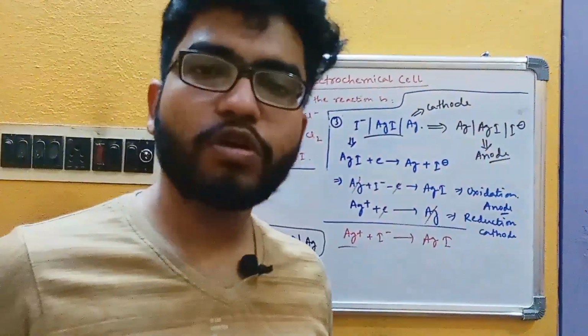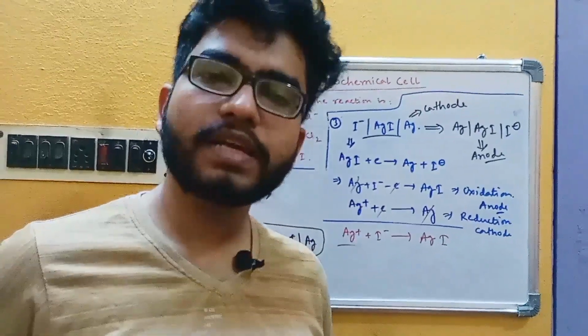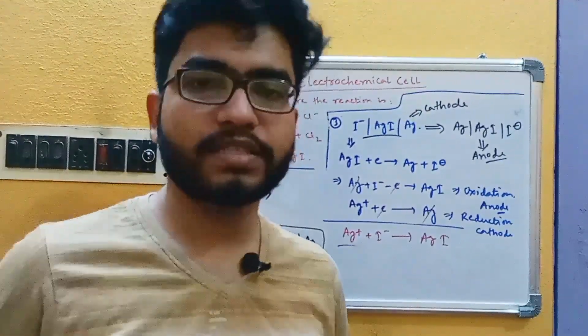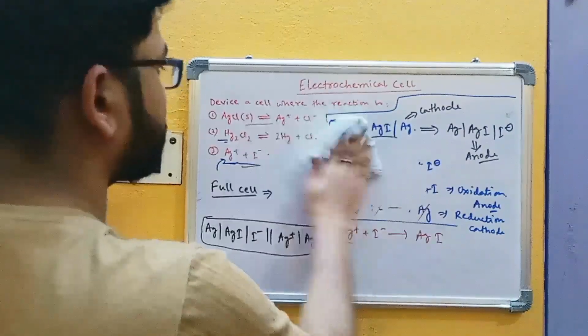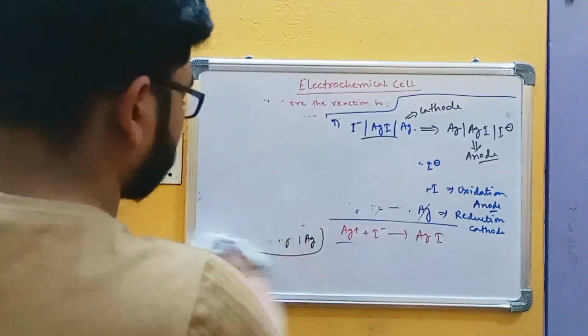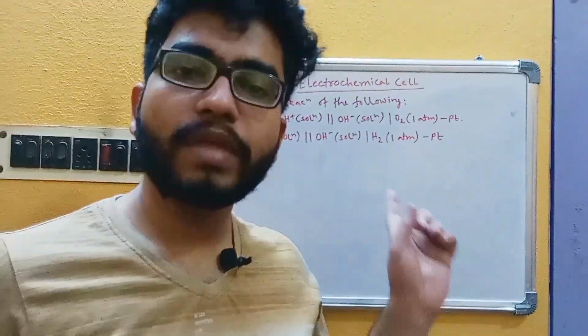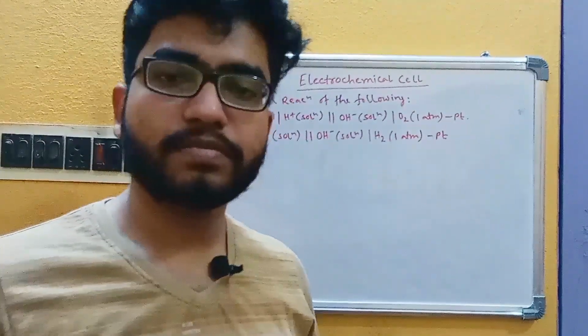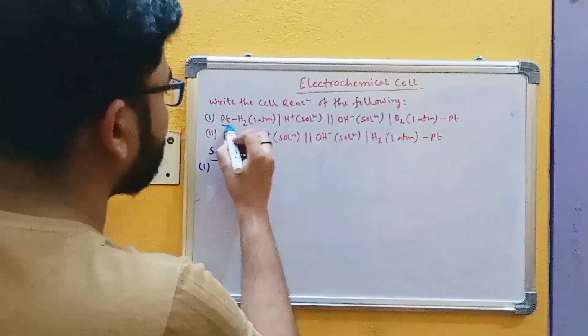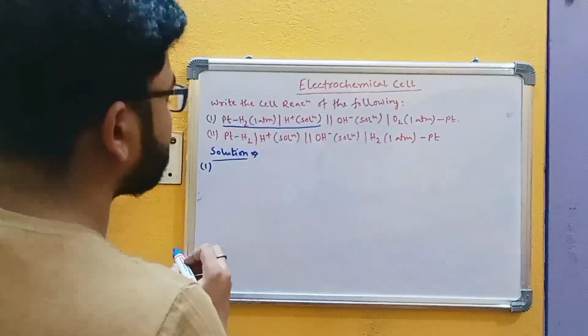Now we will try to solve such problems where cells are given, and from that we deduce the cell reactions. So here the full cell is given, and from that we have to deduce the cell reaction. So this is anode, and here oxidation takes place.